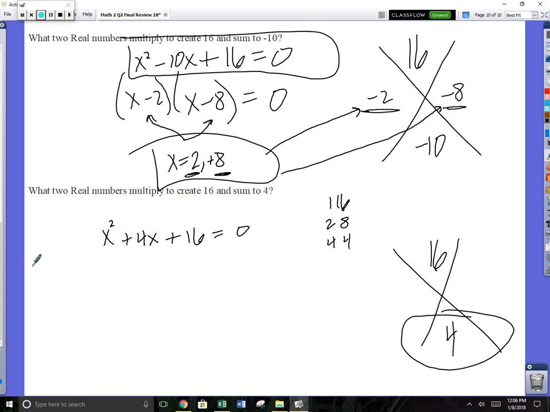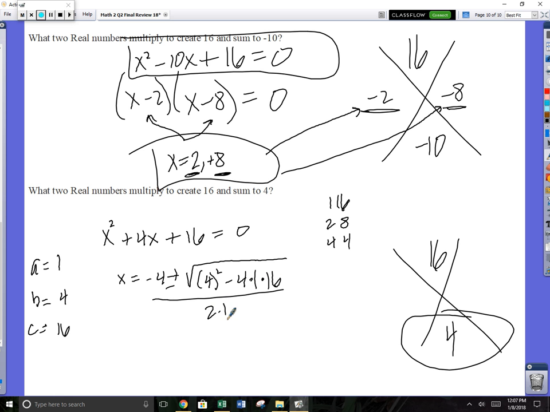So here we go. It's not going to factor. I know there's no integer solution to this, so let's do the quadratic formula. Quadratic formula is awesome. A, B, C. A is 1, B is 4, C is 16. So x equals negative b plus or minus the square root of b squared minus 4 times a times c, all of that divided by 2 times a. So here we go.